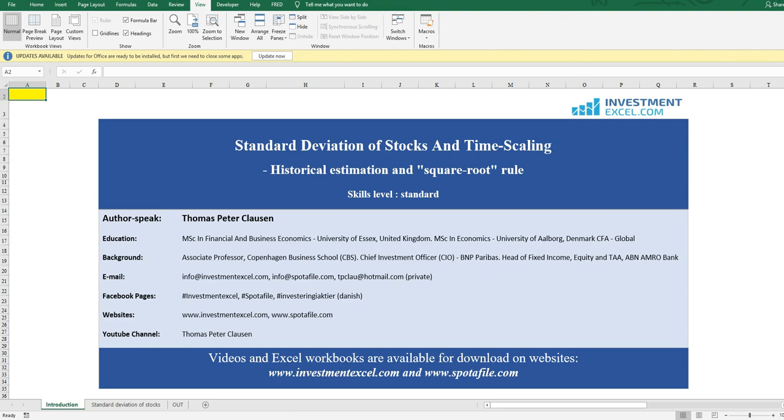I will show you today how to use Excel's built-in functions of standard deviation and variance on a historical time series, and I will show you how to manually calculate it so you know what's going on, and then at the end I will show you how to scale the risk measure of standard deviation of stock so that we can rely on a monthly based time series of data to interpret also annualized figures.